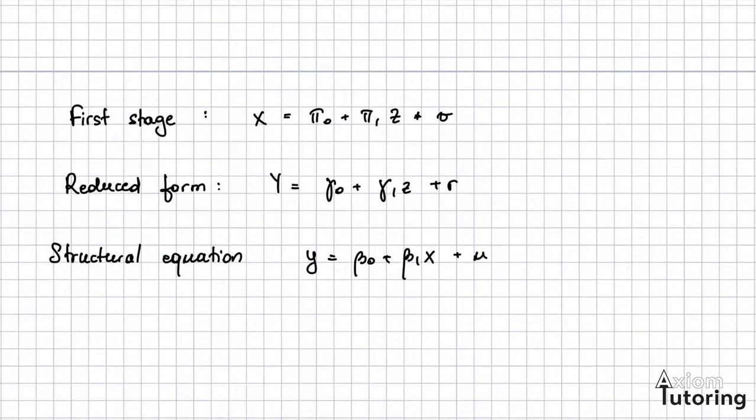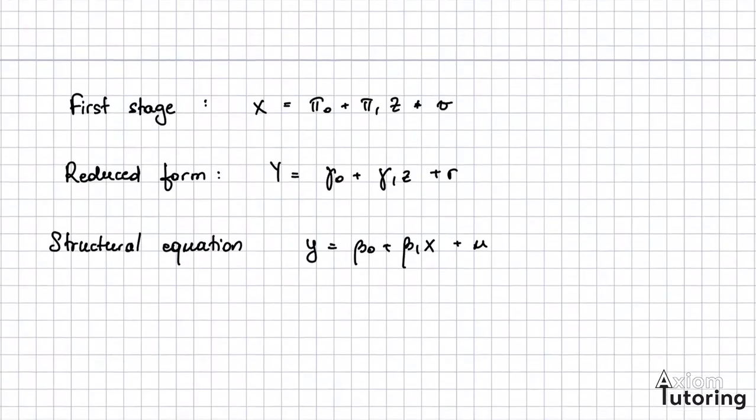Keep in mind, x is our endogenous variable. Now, the first stage and the reduced form, you can estimate through OLS. The structural equation is what you cannot estimate through OLS because you're going to have biased and inconsistent estimators. However, IV recovers those true effects, okay?